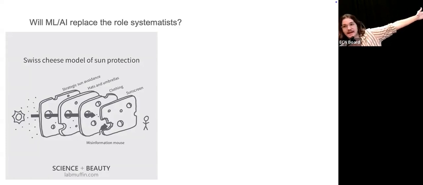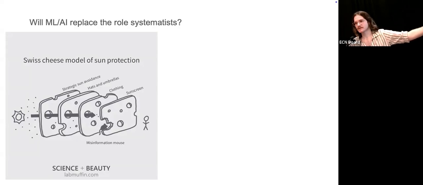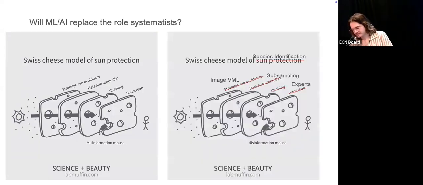She's using it to explain skin cancer and how to prevent it. You put on sunscreen, but you don't put it on perfectly. It's got some issues. So you wear a hat and you stand in the shade, right? Each one of these things is imperfect on its own, but by combining each of these fallible slices, you create a more infallible whole. And that's where I think we're going here.